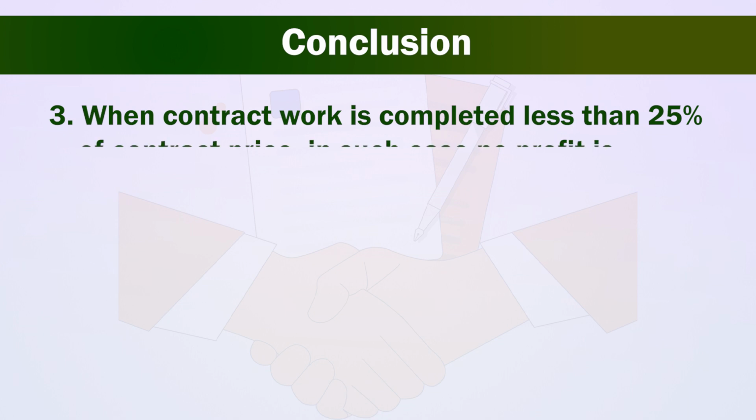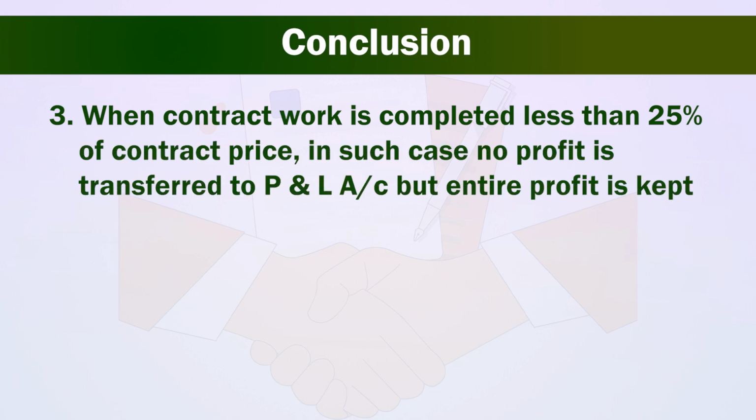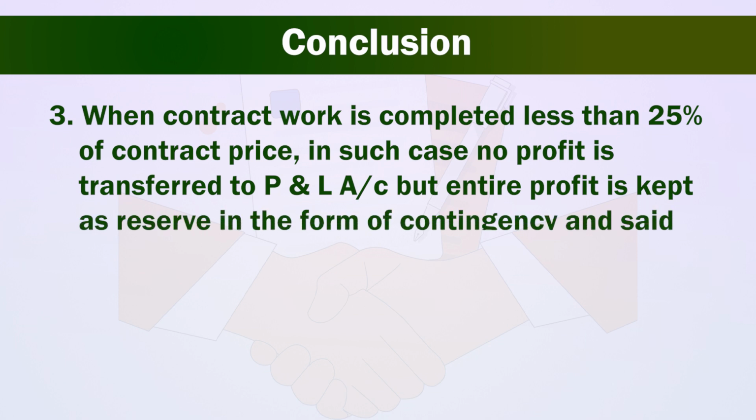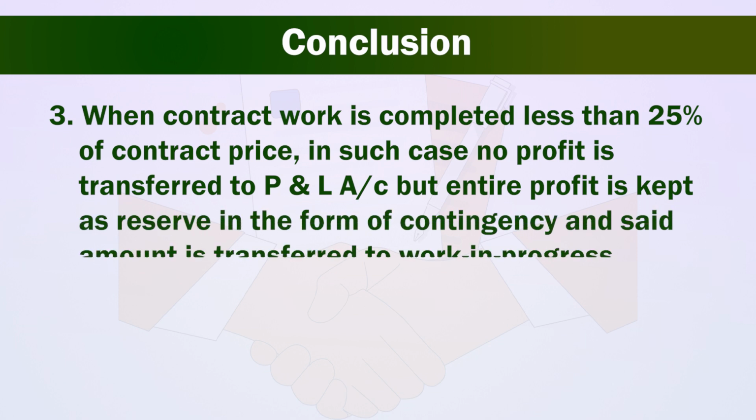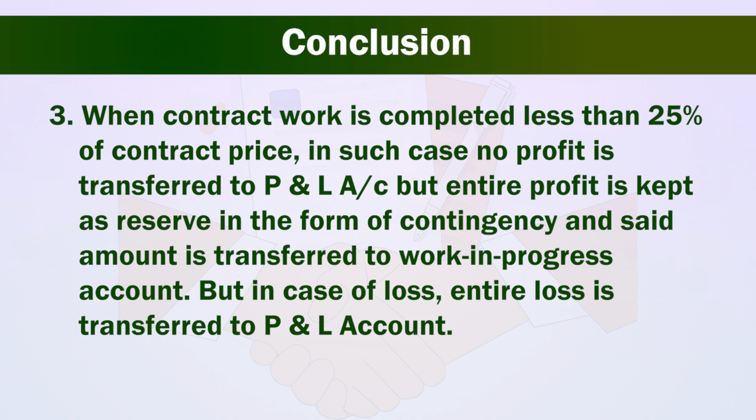When contract work is completed less than 25% of contract price, in such case no profit is transferred to profit and loss account, but entire profit is kept as reserve in the form of contingency and said amount is transferred to work in progress account. But in case of loss, the entire loss is transferred to profit and loss account.